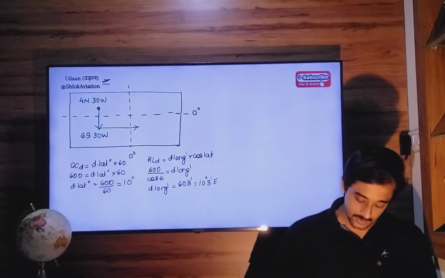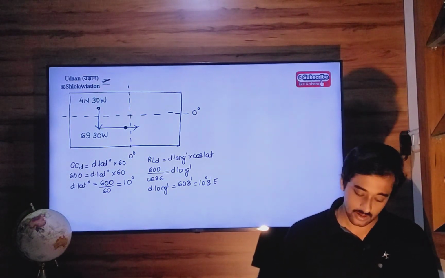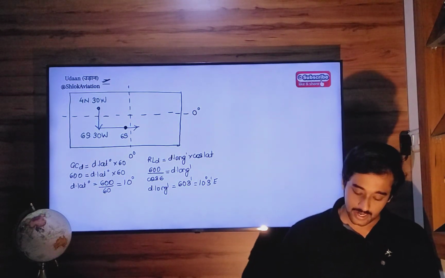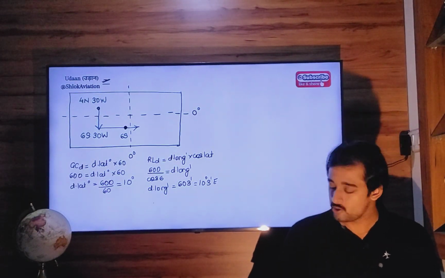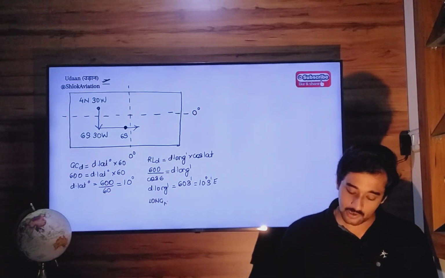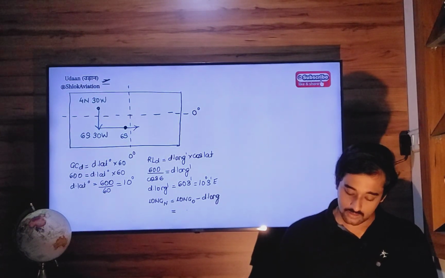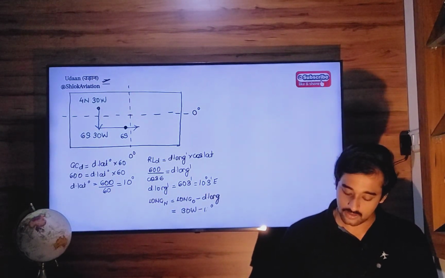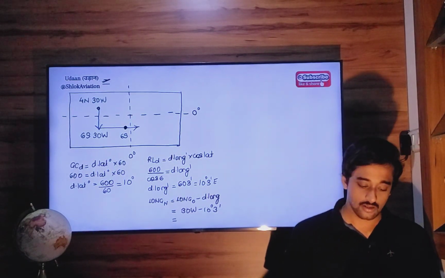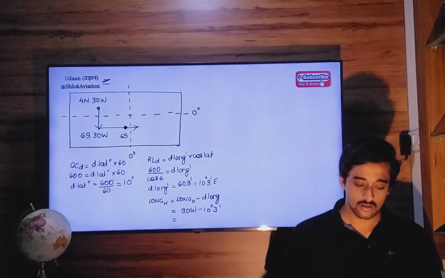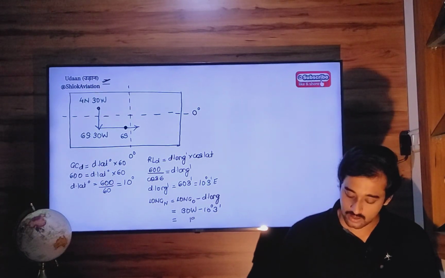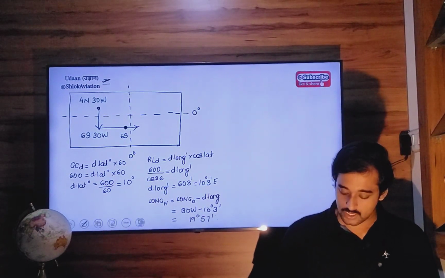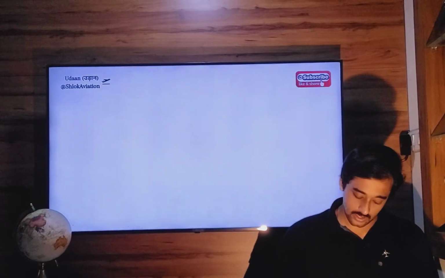So we will draw it over here. 6 degrees south, and the new longitude will be old longitude minus d long: 30 west minus 10 degrees 3 minutes, 19 degrees 57 minutes west. So you are still in the western hemisphere.